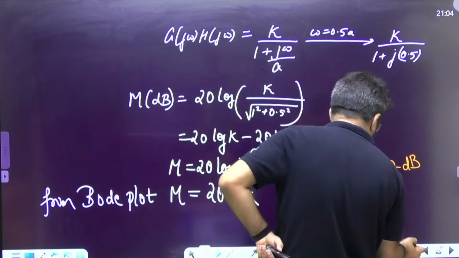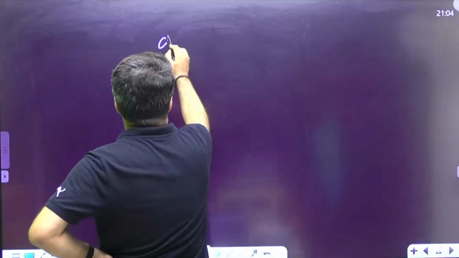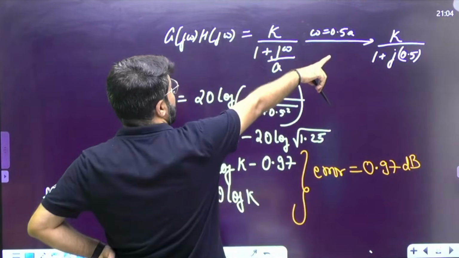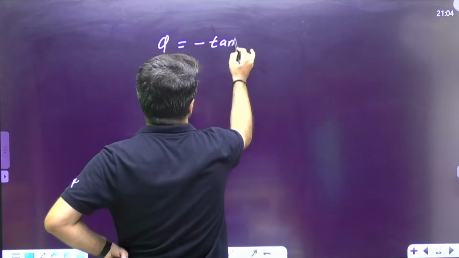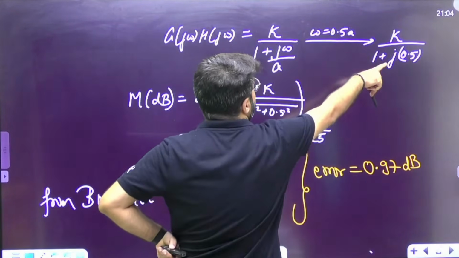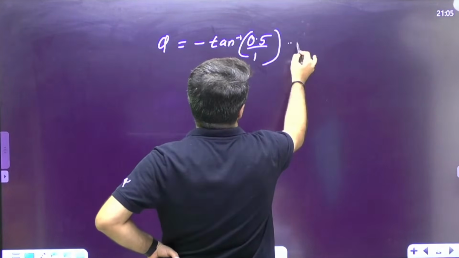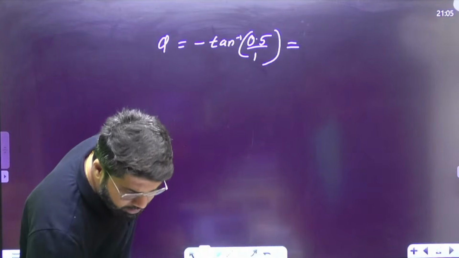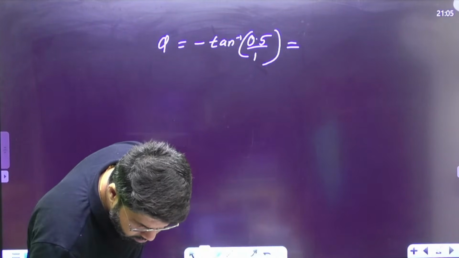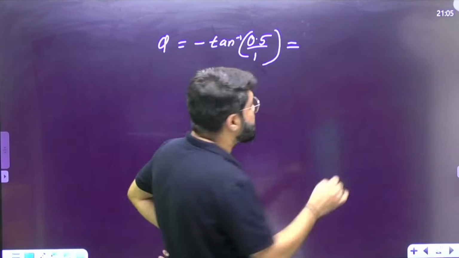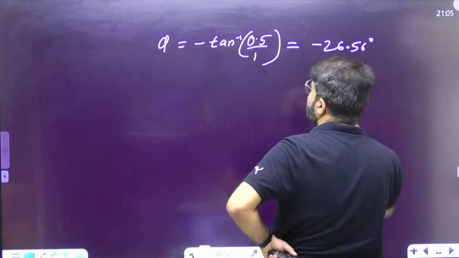Phase. Now what is the phase of this function? Actual phase. Numerator is K, a positive real number, so 0. For the denominator, subtract the phase, minus tan inverse of imaginary part by real part. So minus tan inverse 0.5, how much? Is minus 26.56. This is the actual phase obtained.